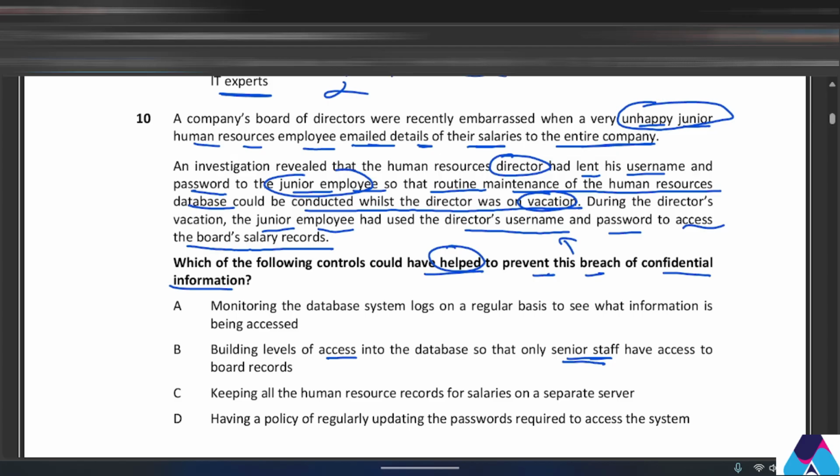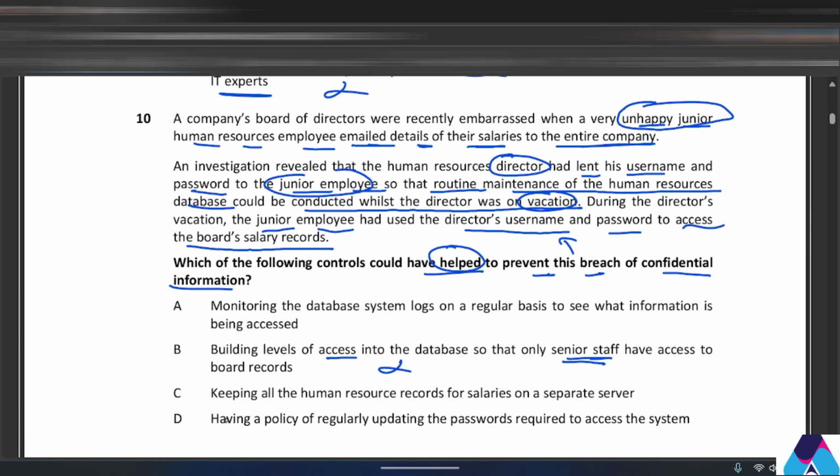So if he continues to do the same, how can this help you? Because again, the senior staff is the one who himself is handing over the confidential credentials to the junior staff. So therefore this is not relevant in this particular situation.